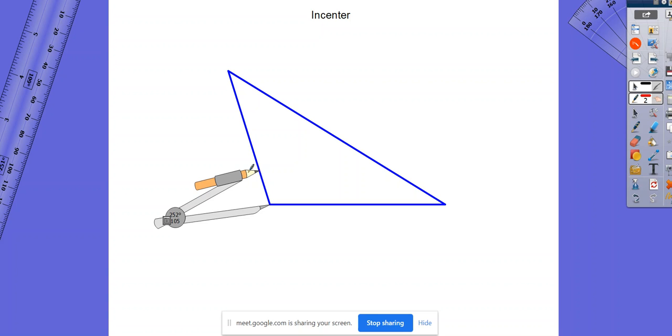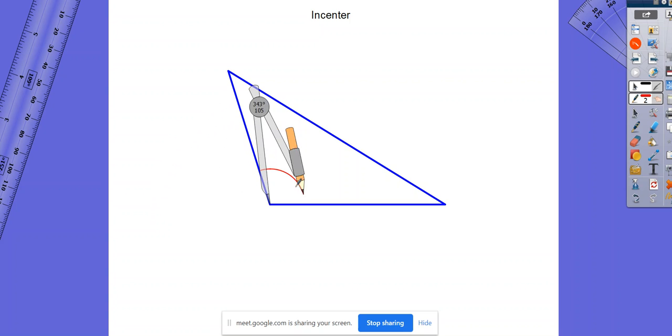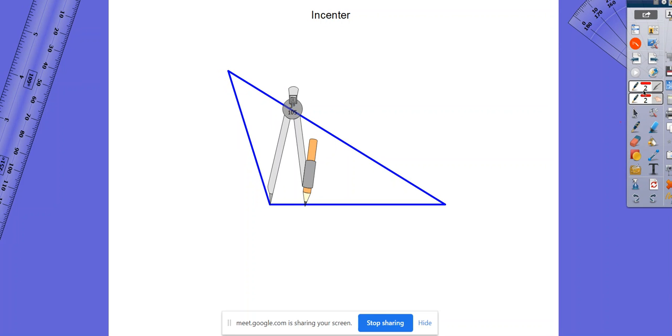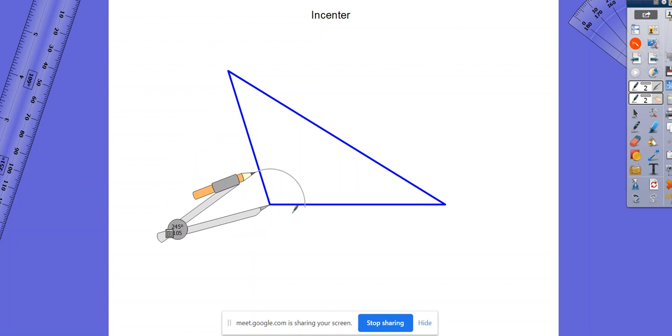So the first thing I'm going to do for the angle bisector is I'm going to redo that because I want to make sure these lines are nice and light. So the first thing I'm going to do is create an arc that goes from one leg of the angle to the other leg of the angle.